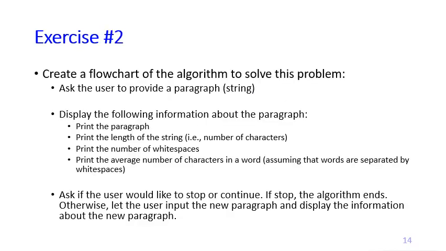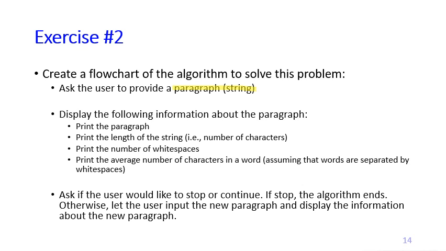So here's another exercise for you. Create a flowchart of the algorithm to solve this problem. The first thing to do is ask the user to provide a paragraph, so it's a string. Then we would like to display the following information about this paragraph.